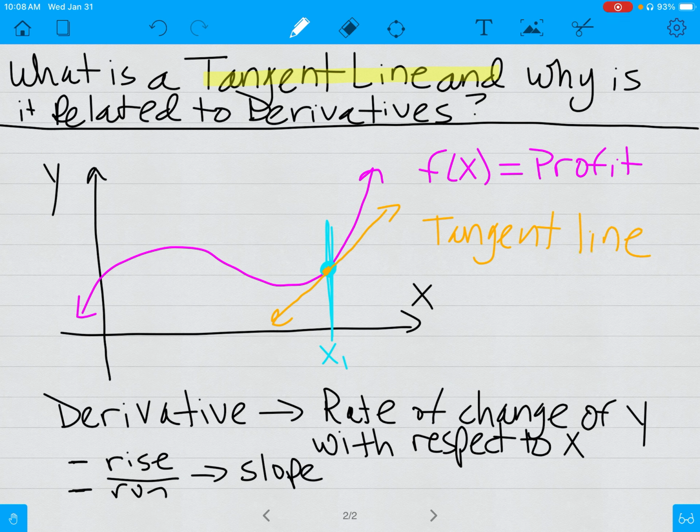So it just barely touches the curve and then moves away, okay? Now, if I can find the slope of that tangent line, that is my derivative.